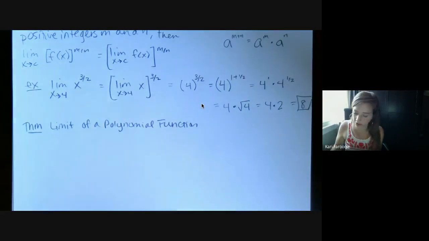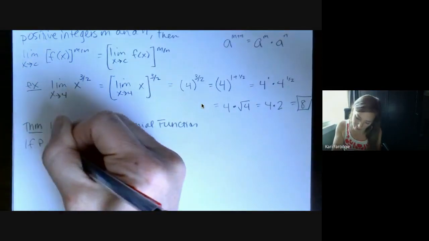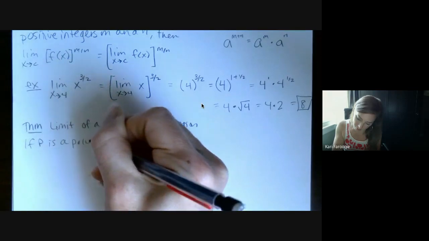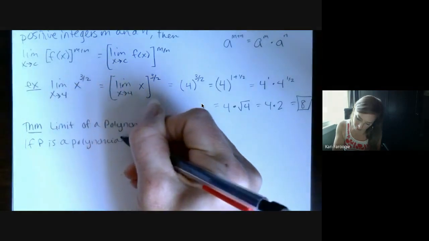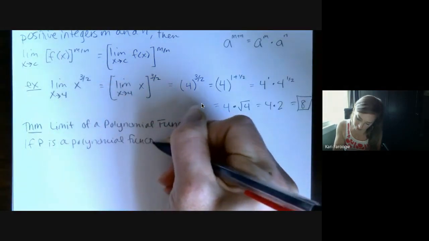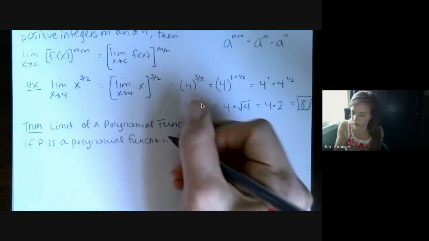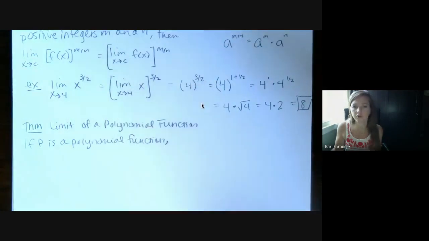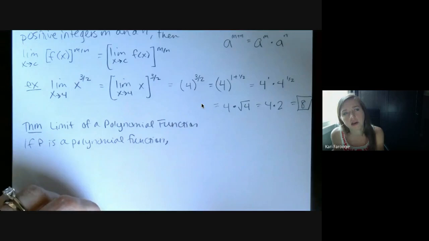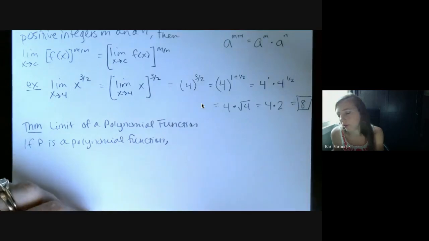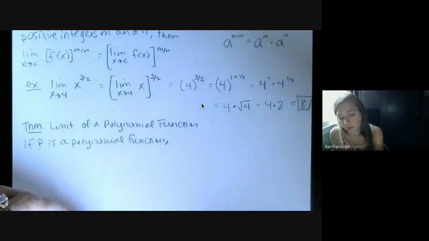If p is a polynomial function, if you don't remember what a polynomial function is, we did talk about it on the first night, but it's basically a collection of constant multiples and variables to powers that are positive integers.